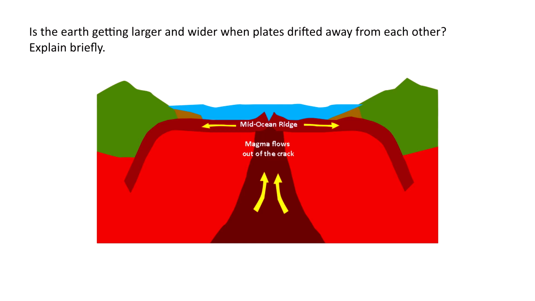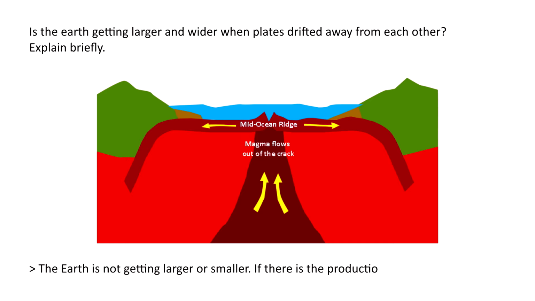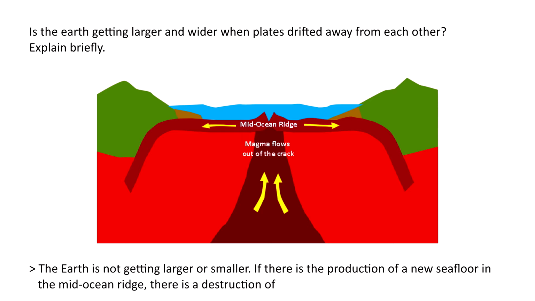Explain briefly. The Earth is not getting larger or smaller. If there is the production of a new seafloor in the mid-ocean ridge, there is a destruction of old seafloor at subduction zones. We now discuss the seafloor spreading theory.